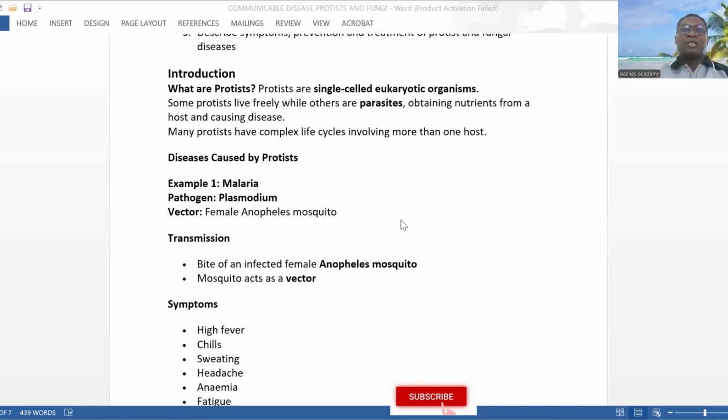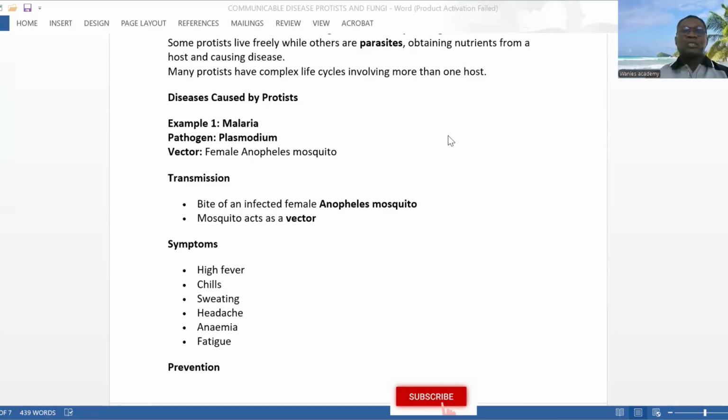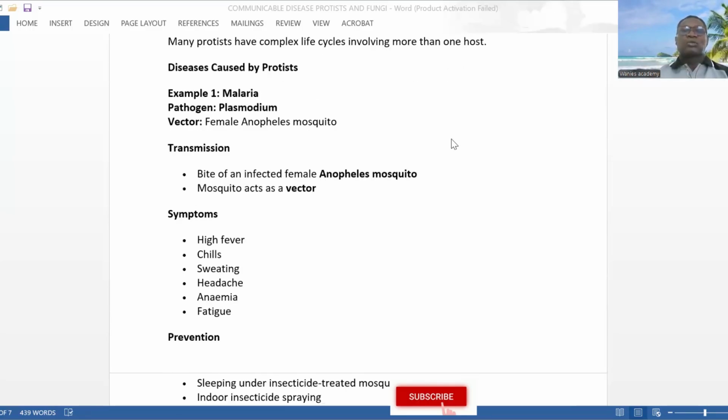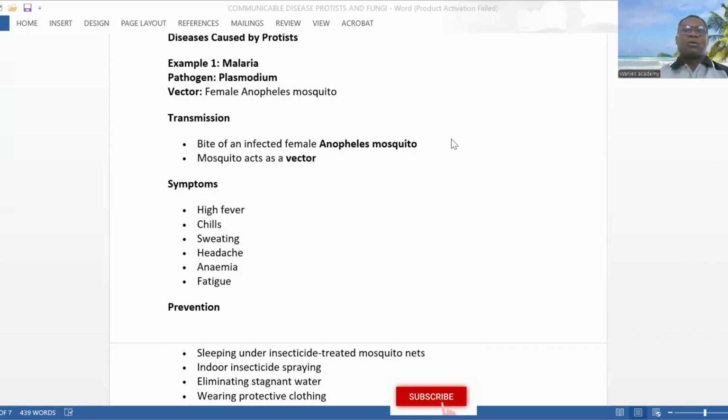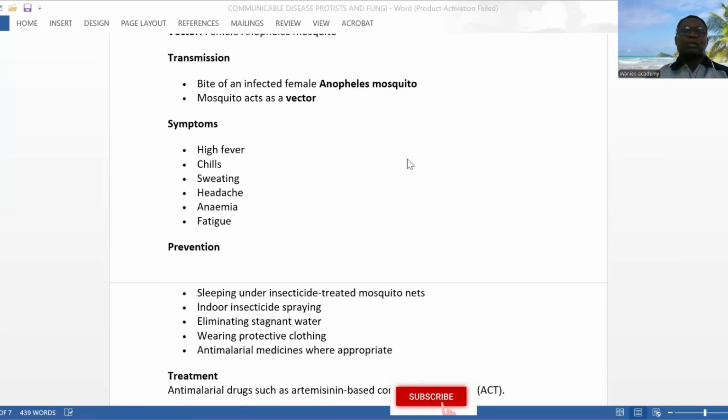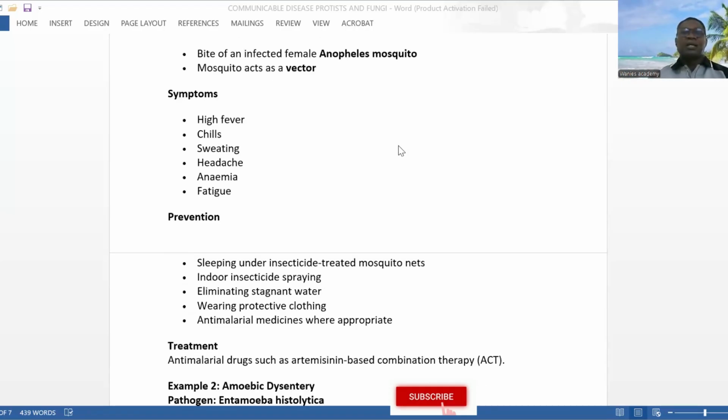When the female Anopheles mosquito bites its host, it deposits the Plasmodium inside the host. So the protist can be transmitted through the bite of the female Anopheles mosquito. Symptoms like high fever, headache, anemia, and fatigue are experienced by the victim of malaria.